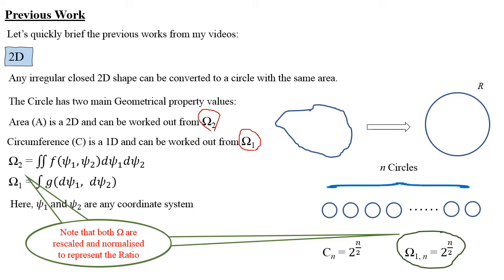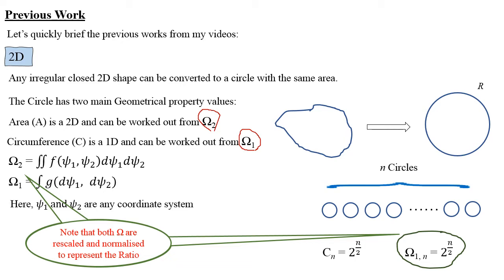If you have any coordinate system psi 1 and psi 2, omega 2 is this double integration of a function over the region, and omega 1 represents the length of the perimeter, or for a circle the circumference, and both are normalized.